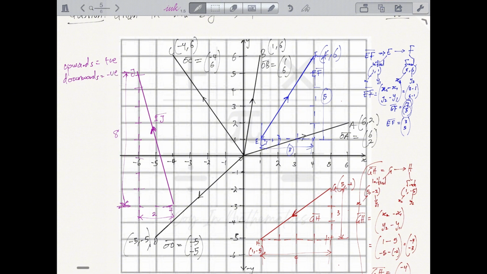Therefore, we are saying that the vector IJ has 2 on the x-axis and 8 on the y-axis. And since it is upwards, positive, positive, I just choose to write it as 2, 8.